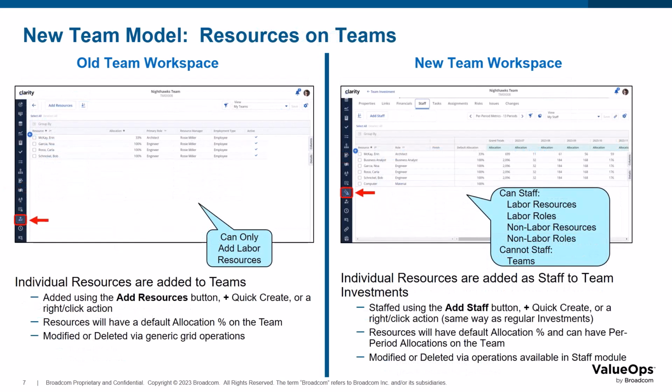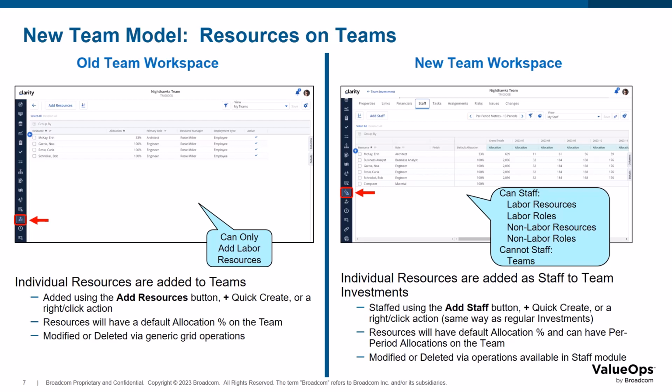Now we'll take a look at some of the differences on how you would add resources to teams in both the old model and the new model. So before upgrade, you would do this in the resource workspace on the Teams tab. And you could do that using this grid that I have here on the left. You can add resources button.